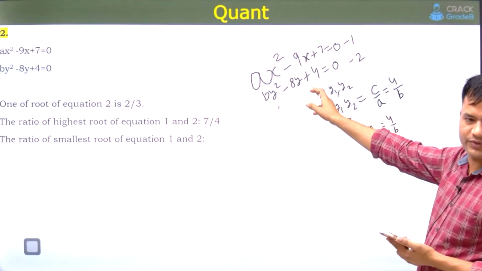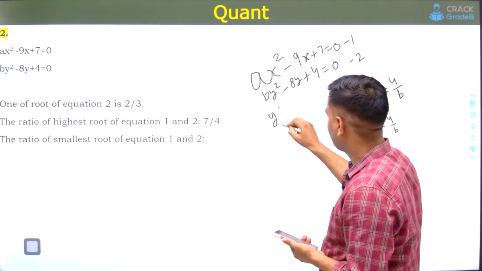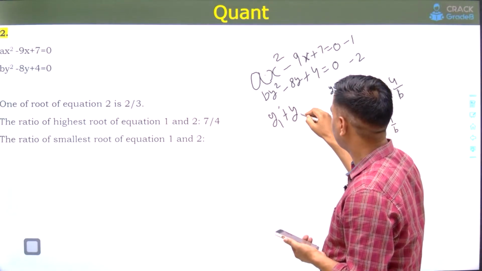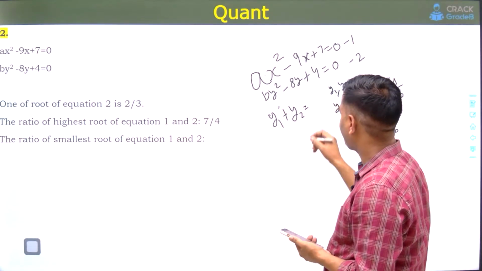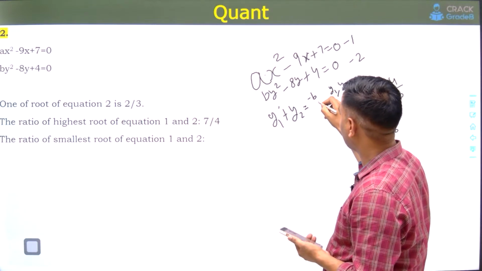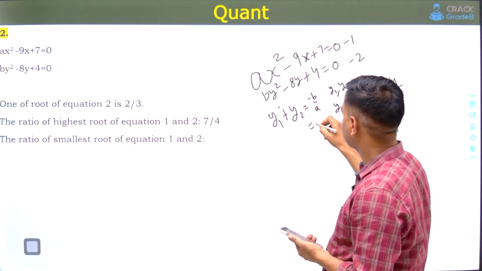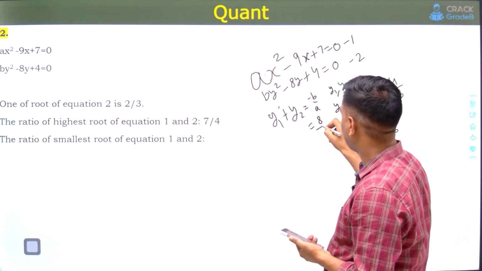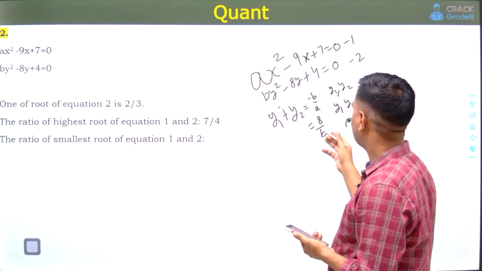And for the sum of roots we can calculate y1 plus y2, minus k b by a is the formula, so minus k b equal to 8, a is b from here.